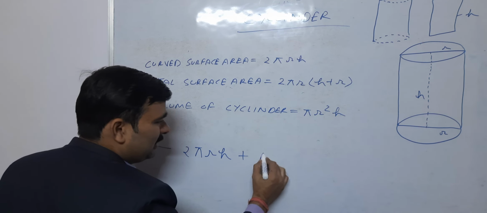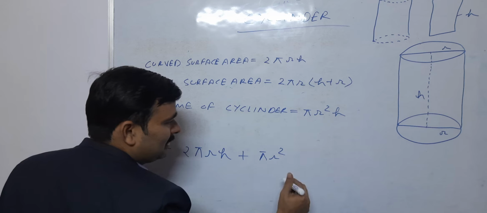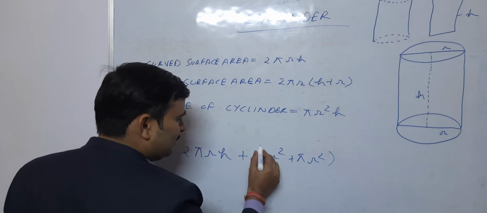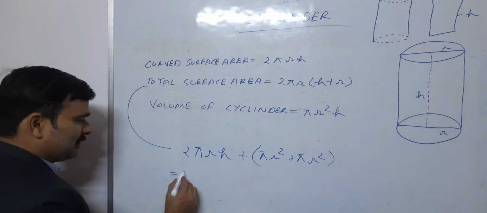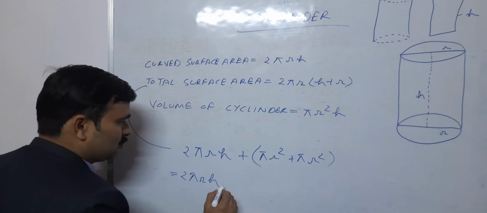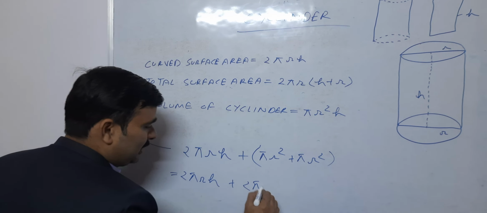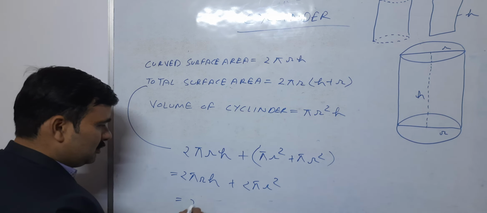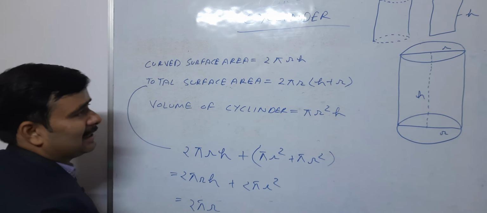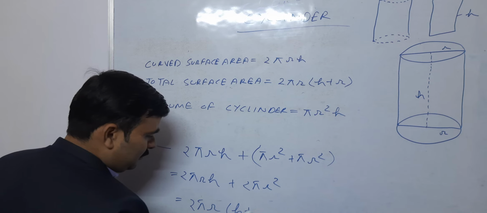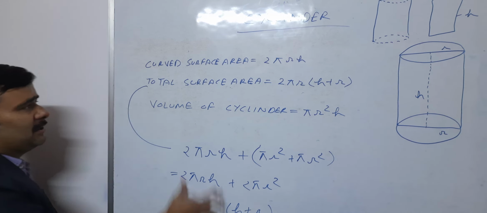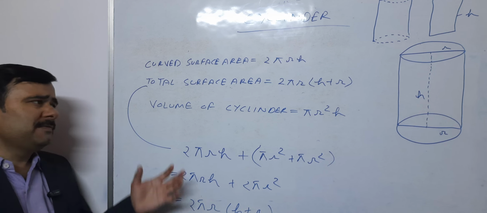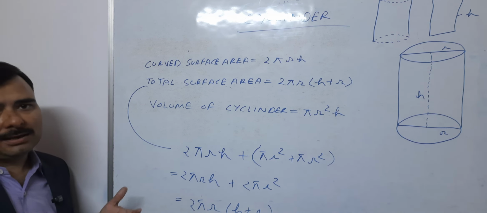So we have the area of the first circle and the area of the second circle. Then this will be 2 pi rh plus 2 pi r square, and in this 2 pi r can be taken as common, and what is left over is h plus r. So this will be the total surface area of cylinder, and volume of cylinder is pi r square h.